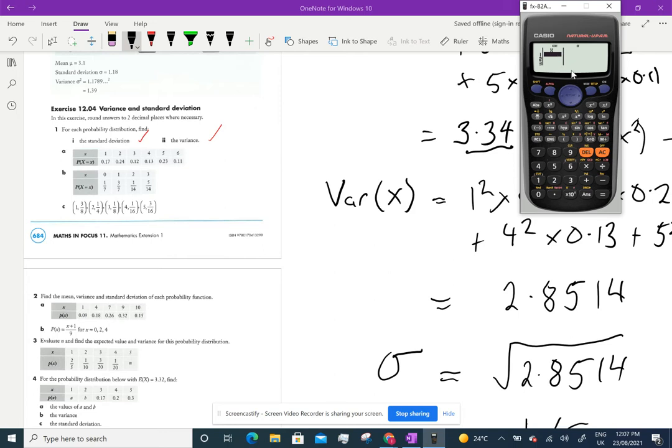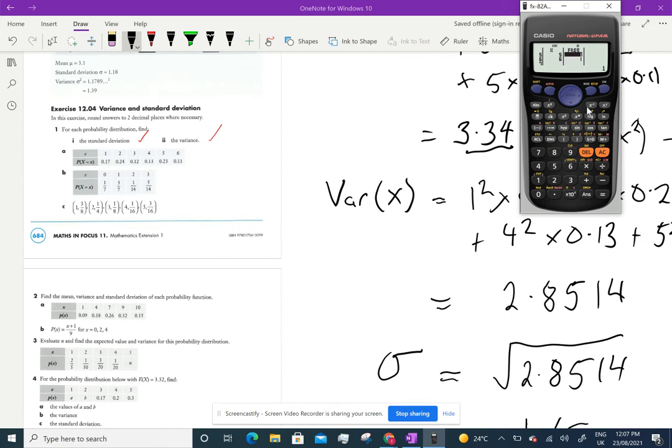Now, if you don't get a frequency column, you need to have one. So I'm going to go Shift, Set Up. I'm going to use my arrow to go down. I'm going to number 3, and I want my frequency on. Now, all you have to do is put the numbers in, and what were they? 1, 2, 3, 4, 5, 6.